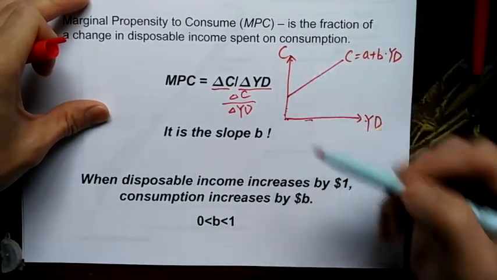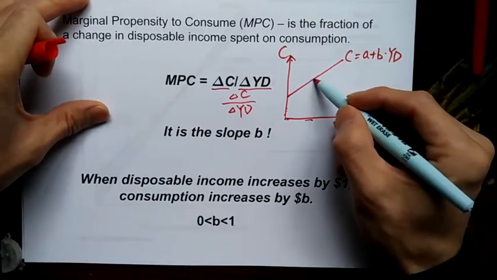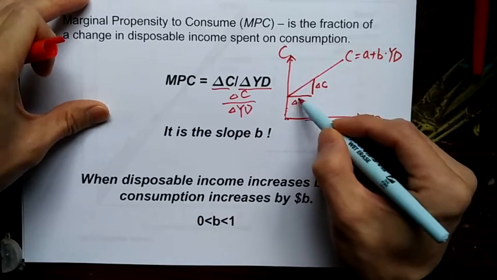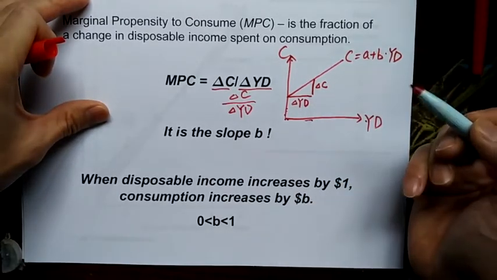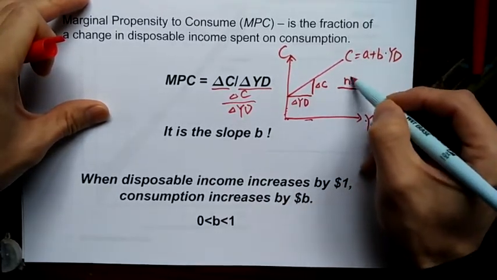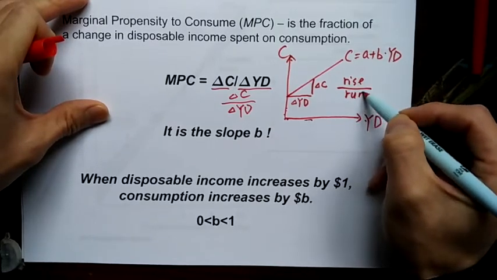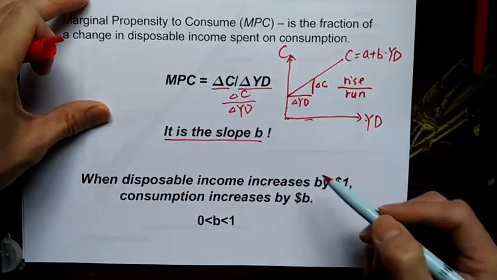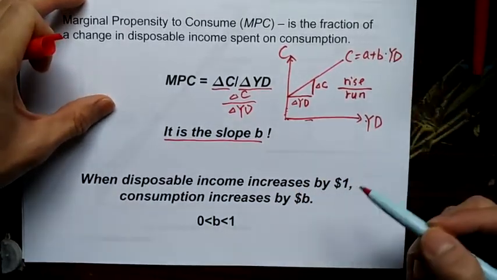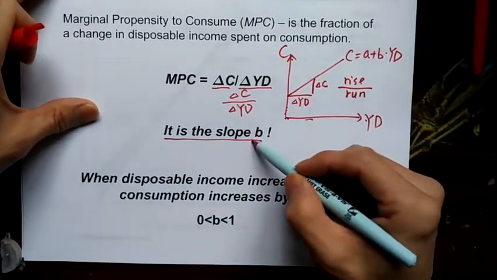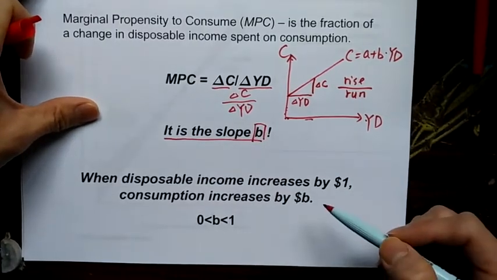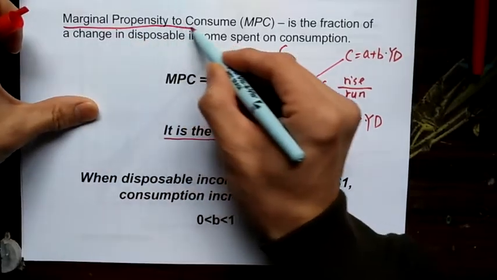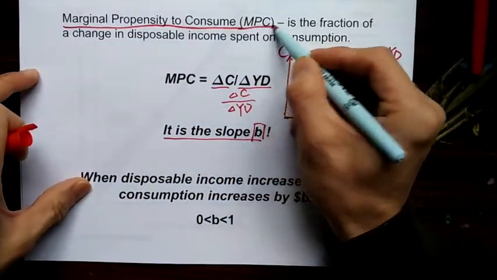C is the variable on the y-axis. Change in C divided by change in YD is exactly the rise over run. That is, it is exactly the slope of the consumption function. That is why we say the slope of the consumption function has another name that is called marginal propensity to consume, MPC.